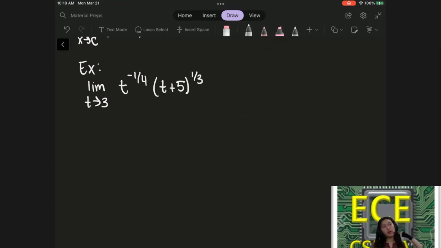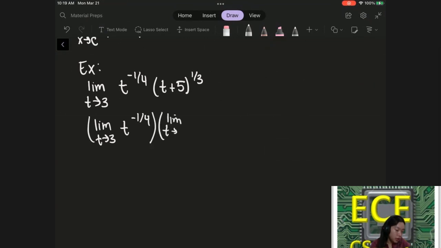Okay. Starting off, I can see this is a product of two functions, so I'm going to break it up. Limit as t approaches 3 of t to the negative 1/4 times the limit as t approaches 3 of t plus 5 to the 1/3.